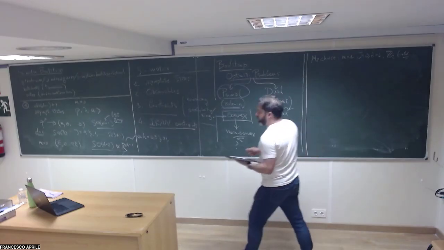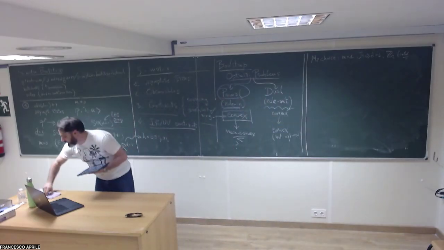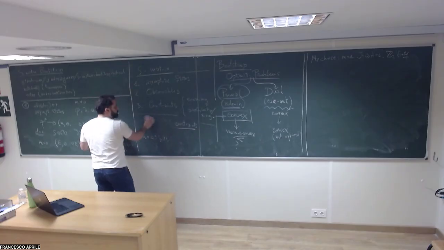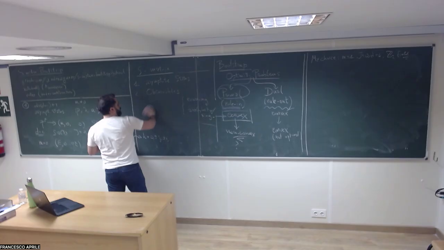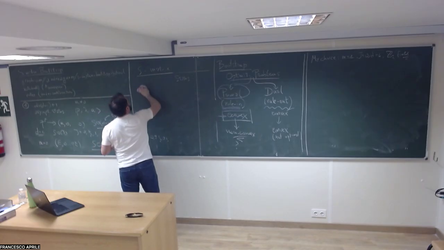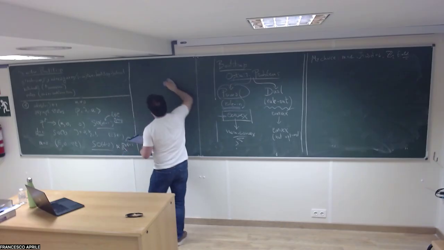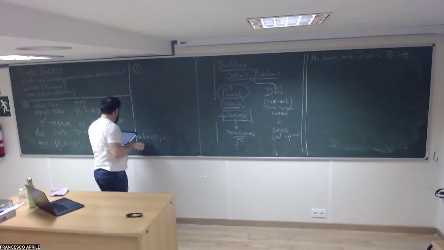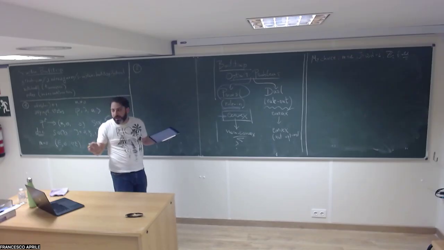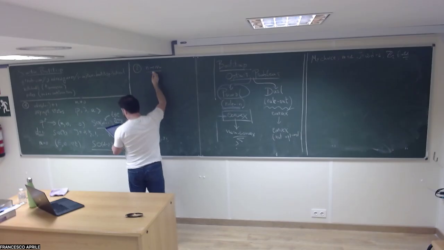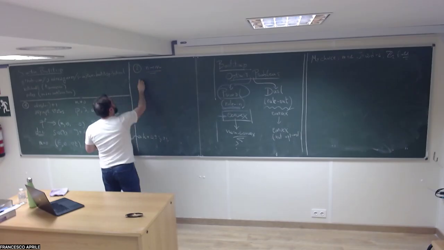Now, what are the observables? And the observables will be, in general, the M-to-M S-matrix elements.